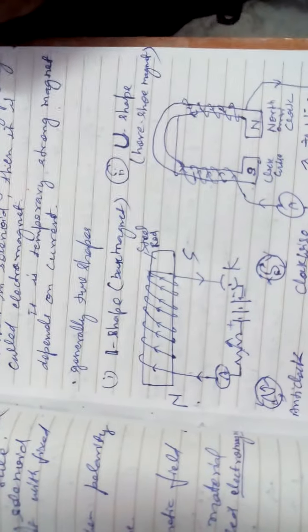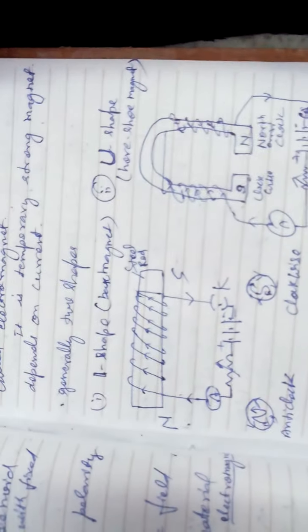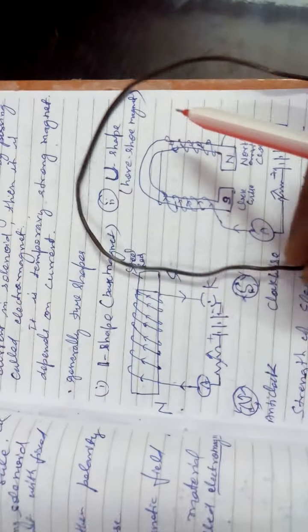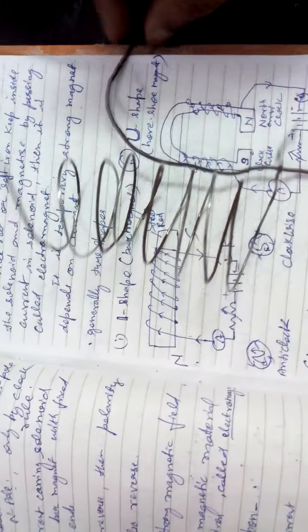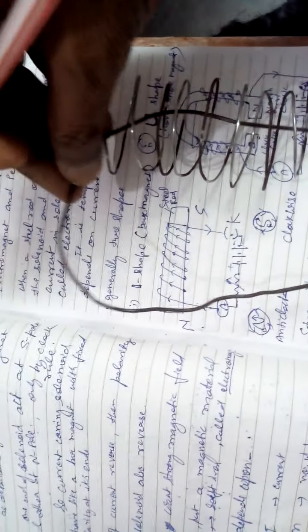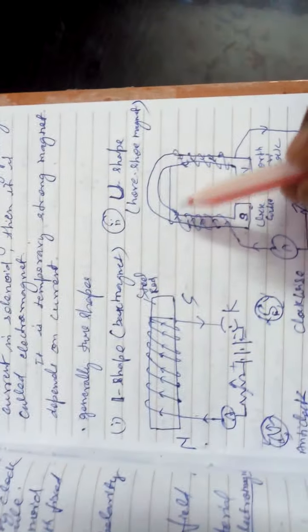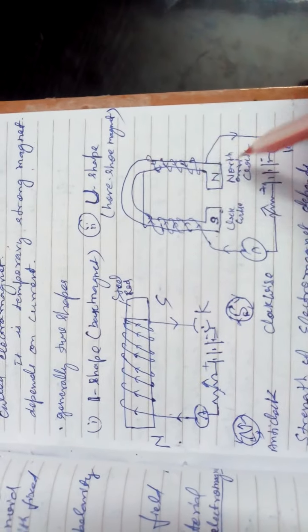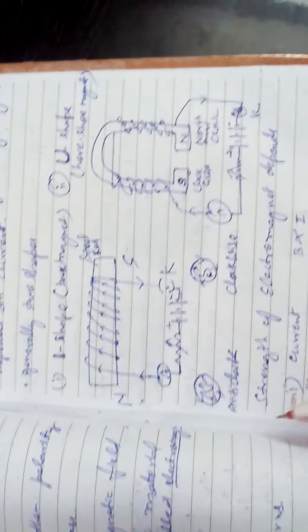Another is the U shape. The U shape is also wrapped like this. On one side it is wrapped like this, and you are seeing the other side also like this. Both sides are wrapped and joined by one wire from here. Then it is also an electromagnet, U shape.